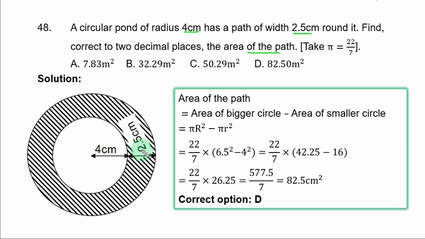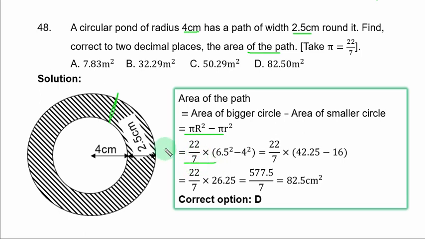So the area of the path, that is the path you have here, is the area of the bigger circle minus the area of the smaller circle, that is pi capital R squared minus pi r squared. You can factor out pi, which is 22/7, times.